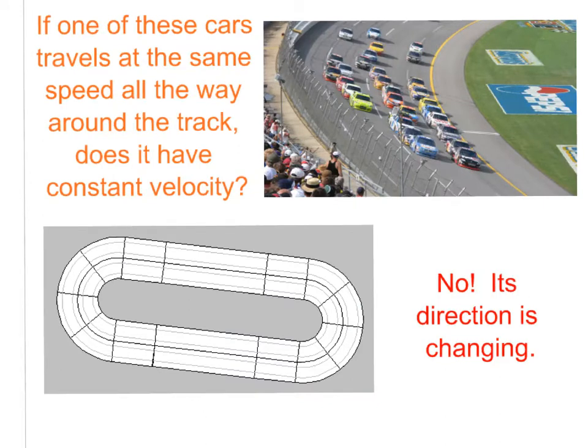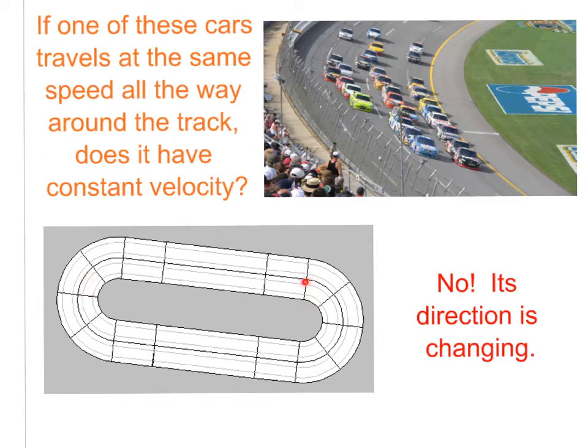Another way to think about this, let's take one of these cars, how about this green one, and say that it is traveling at the same speed all the way around the track. Here's its track. It's an oval track. Does it have constant velocity? No. It has constant speed, but it does not have constant velocity because its direction is changing as it is going around this track.